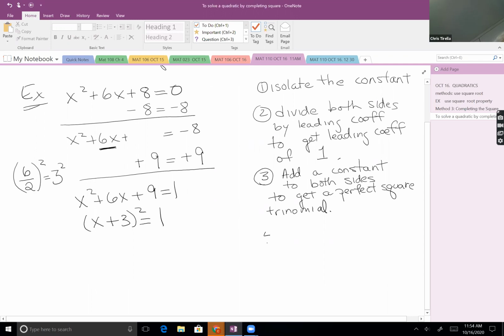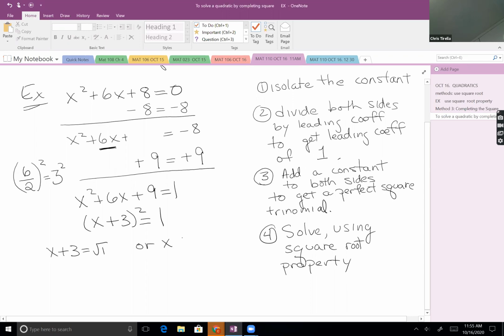And then we'll solve using the square root property. So taking the square root of both sides, I get x plus 3 equals the square root of 1, or x plus 3 equals the negative square root of 1.